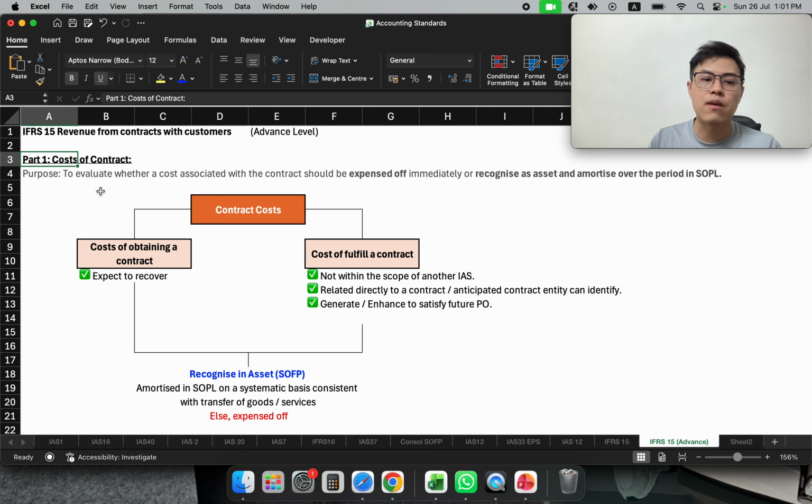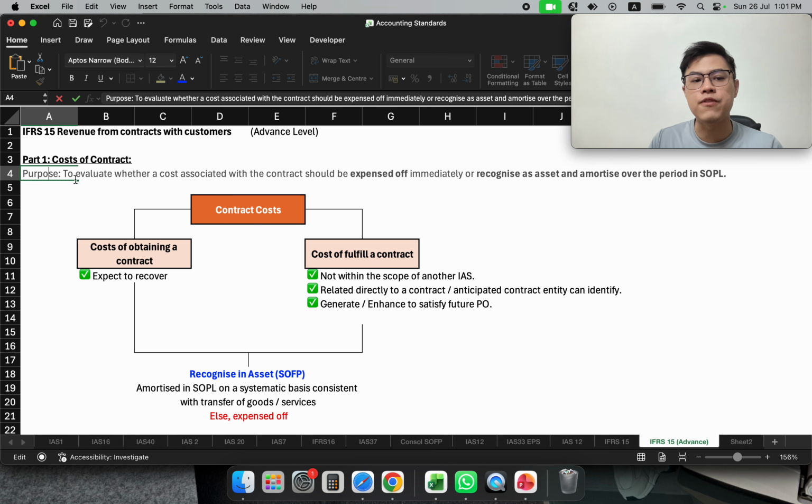This part will guide us on this. The purpose of this part is to evaluate whether certain costs we spend related to the contract are expensed immediately under SOPL, or amortized over the contract period.